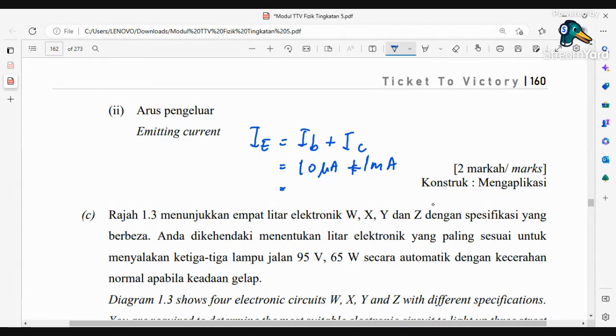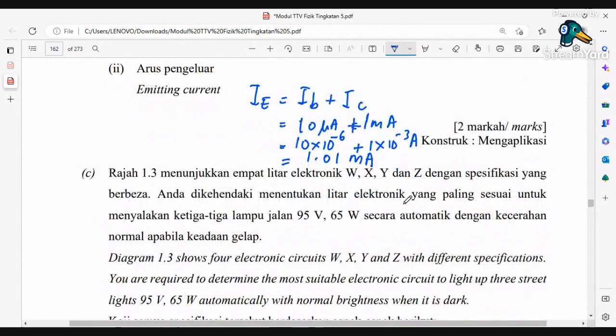Okay, prefixes remove. We get 1.01 milliampere. Y and C, we calculate.